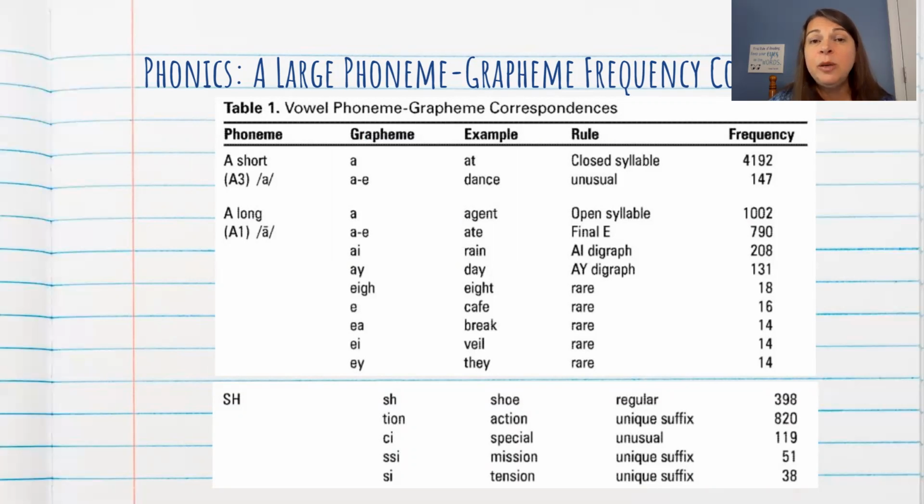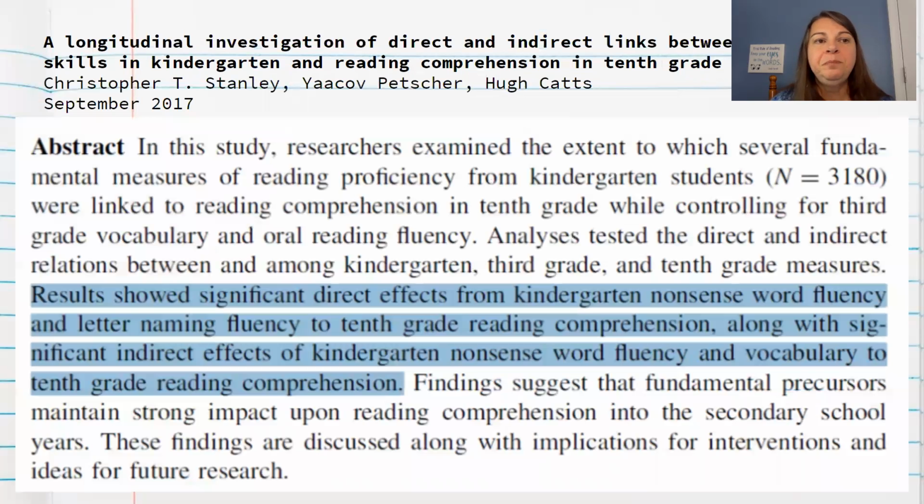What he does in his report is he shows each phoneme, the graphemes that most typically represent that phoneme, and then an example word, and then any rule that might go along with that. This is an excellent resource. Go to the SMORE. Check it out. It will simplify your life. Start by teaching the graphemes that are most frequently used and then work your way down through.